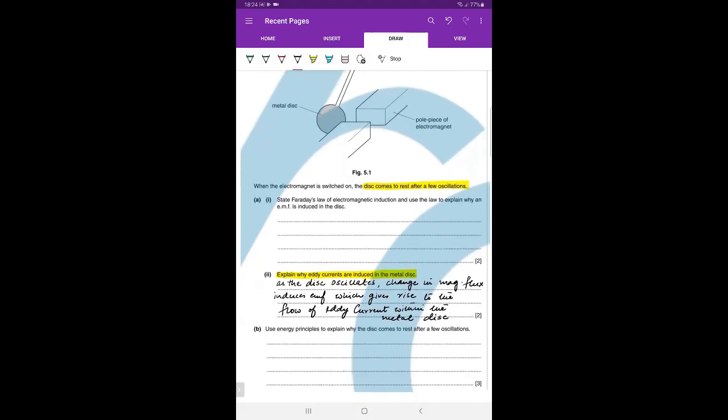इसके next वाले part में it says use energy principles to explain why the disk will come to rest. ना, तो इसके अंदर वो energy की dissipation का जो Ali Asghar ने लिखा है, पहले ये लिखना: eddy currents flow in a direction so as to oppose the motion of the disk.